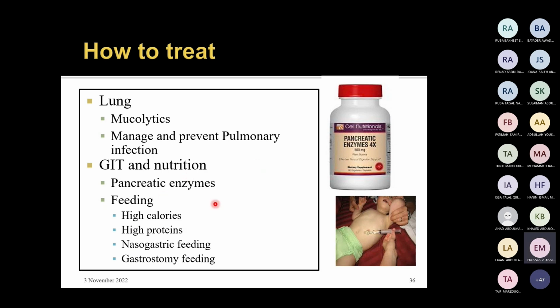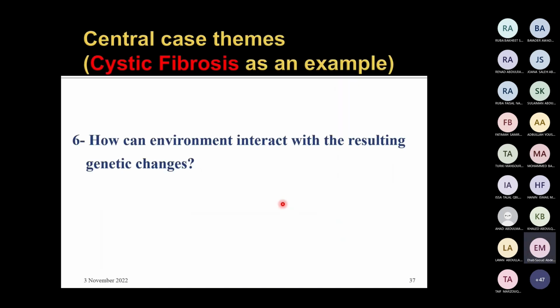For the GI tract and nutrition, we give pancreatic enzymes. Of course, we have a feeding problem, so we need to increase the calories and the protein. The baby is weak, so probably we need to force him to eat. So we use things like a nasogastric tube or opening a hole in the stomach, which we call a gastrostomy feeding tube.